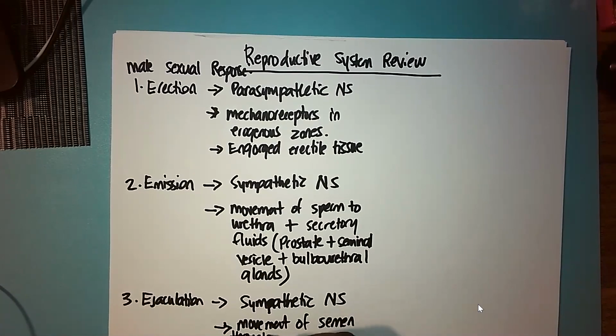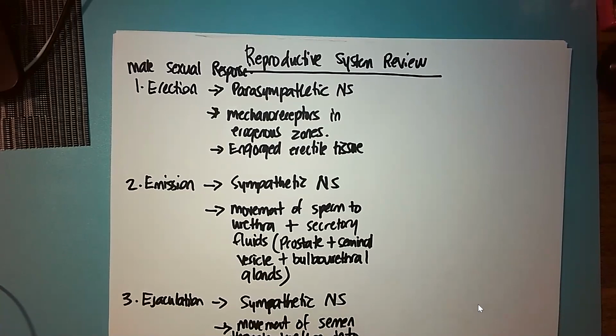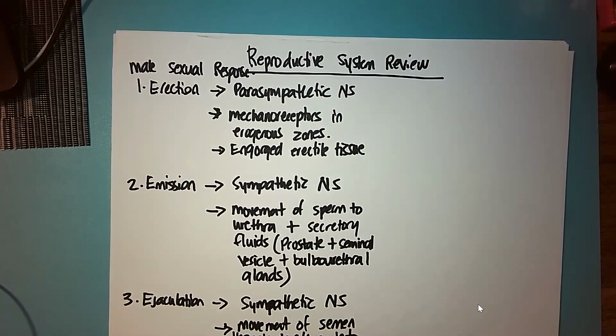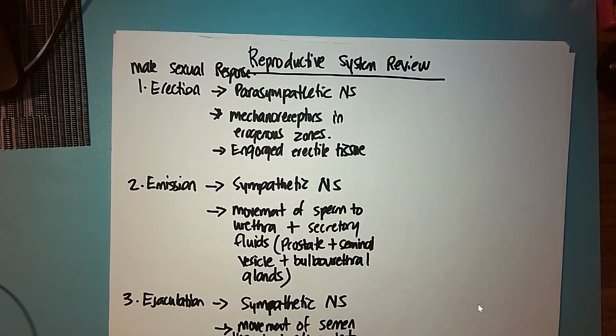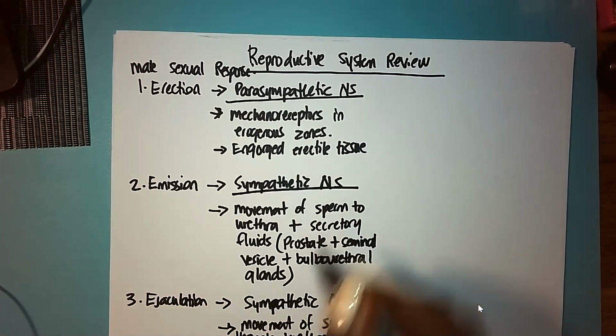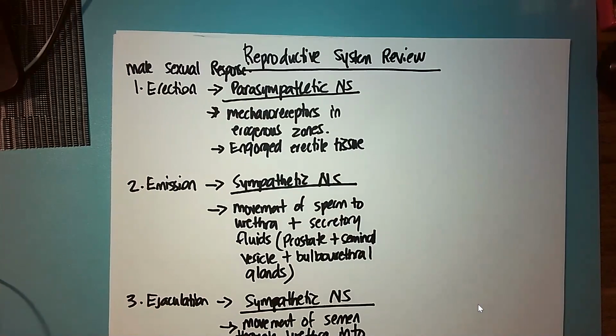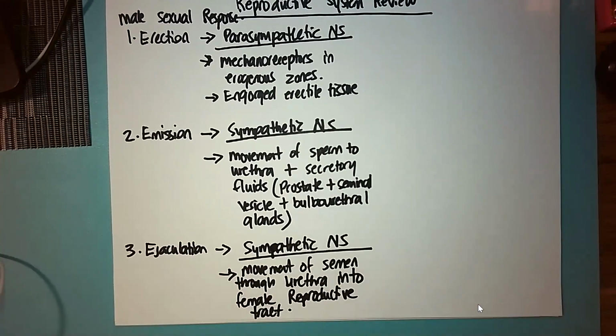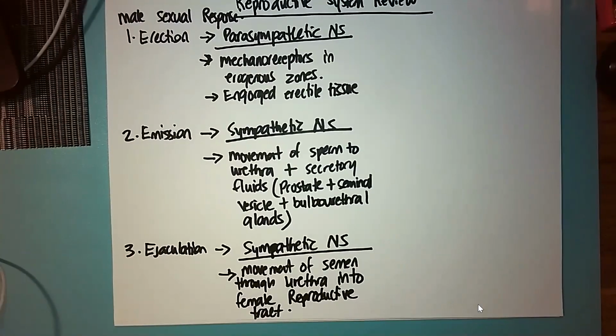Through the urethra and into the female reproductive tract. Okay, so kind of important parts here is understanding which division of the nervous system and kind of what's happening in terms of that phase. Okay.